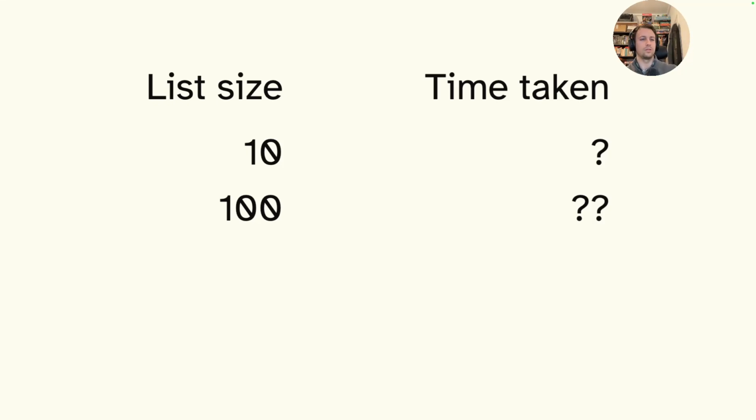It's going to depend on my computer, your computer, however many processes I have running. But by looking at the fact that the second list is 10 times larger, I can infer that the time taken for the larger list will also be roughly 10 times larger.